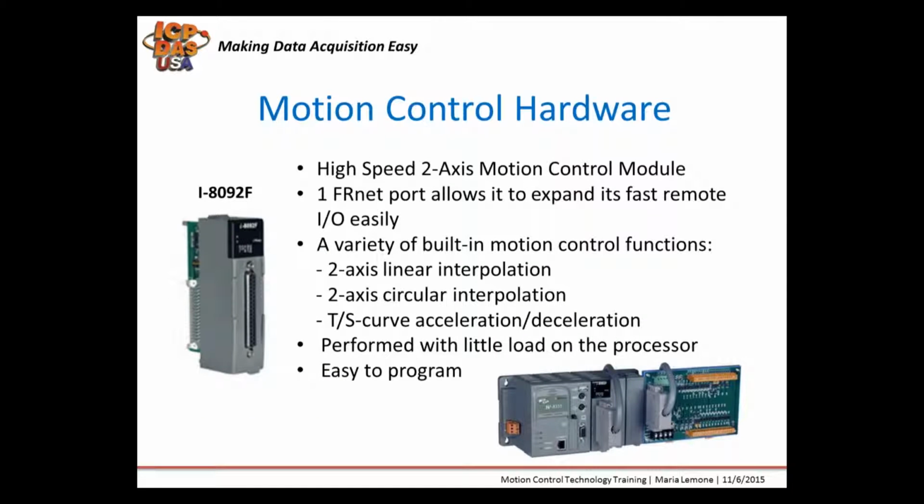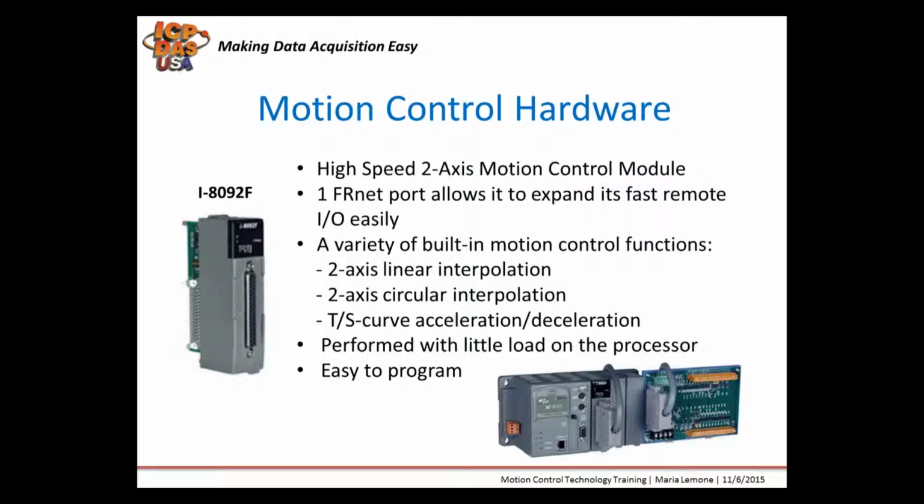I-8092F is a two-axis stepping pulse type servo motor control module that can be used with any of our I-8000, WinCon, and LinPAC type controllers. It can also be used with the MP8343 motion programmable automation controller. It has an FRnet port, so you can expand I/O with this very easily.